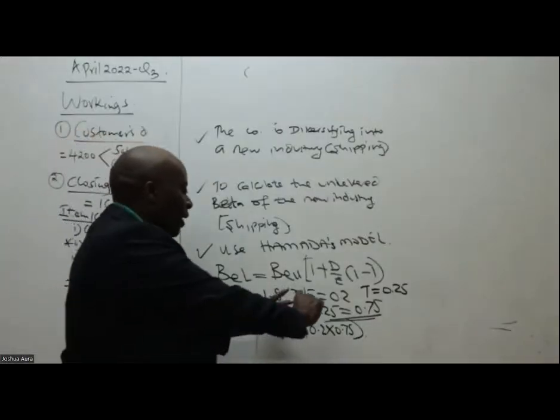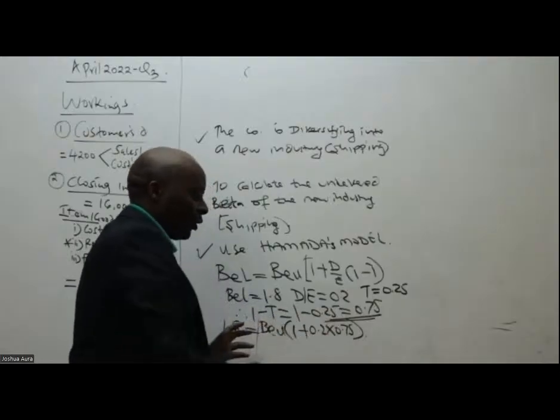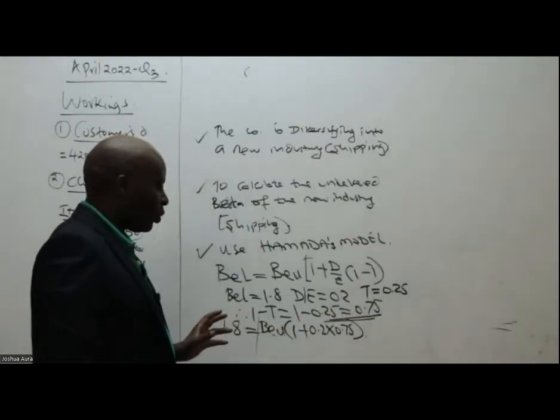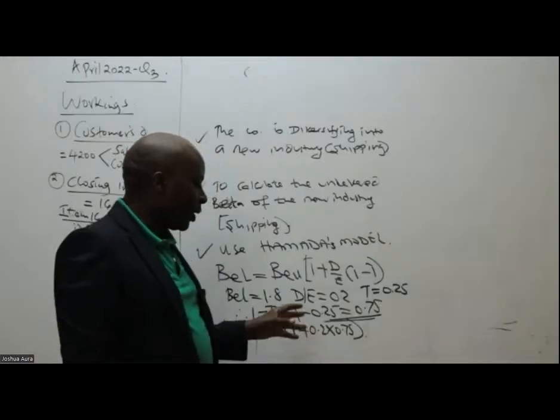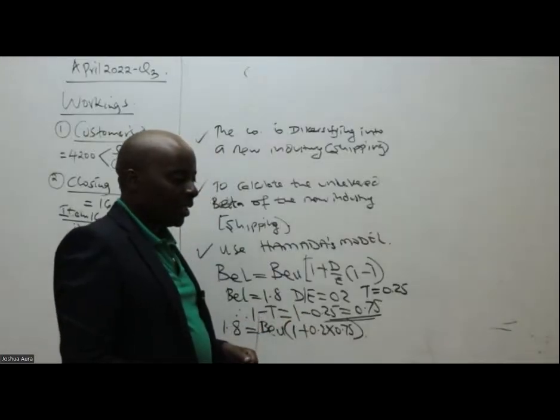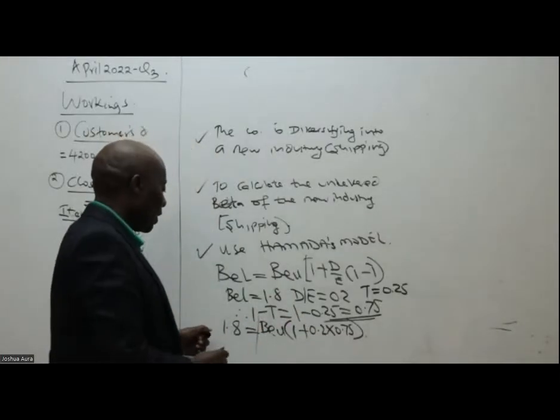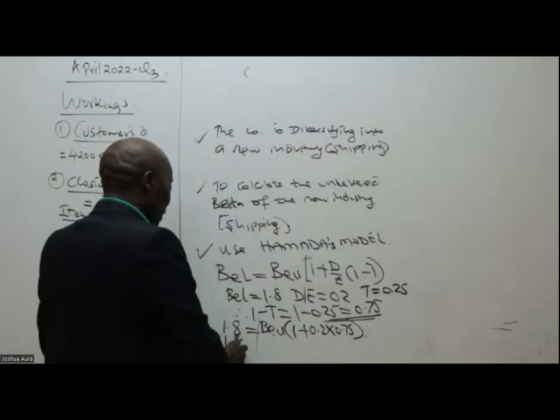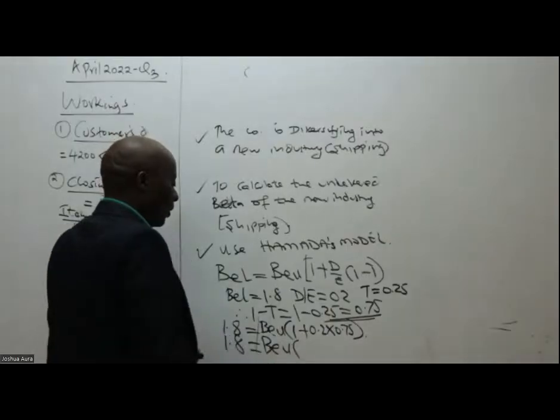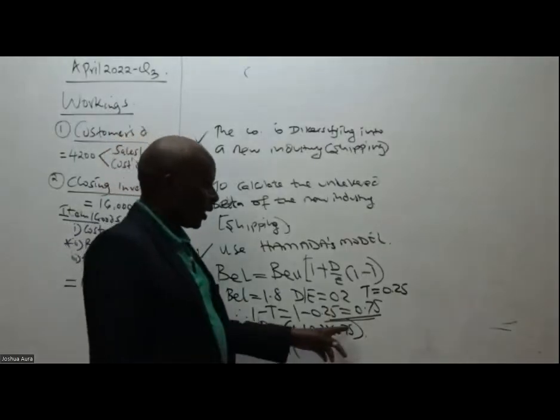First of all, give me whatever is in brackets, BODMAS: 1 plus 0.2 times 0.75, right? So we have here 1.8 equals beta equity of the unlevered firm multiplied by this bracket.